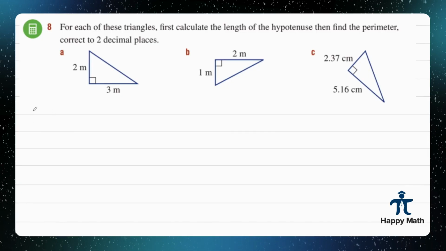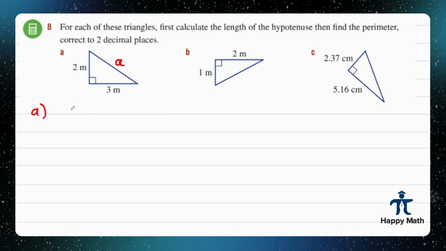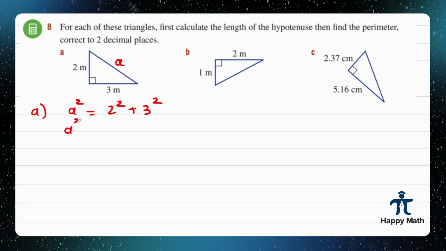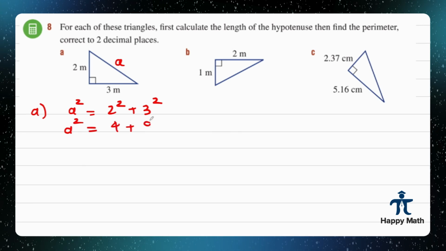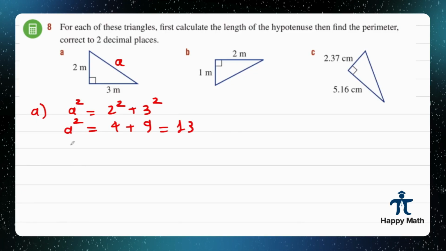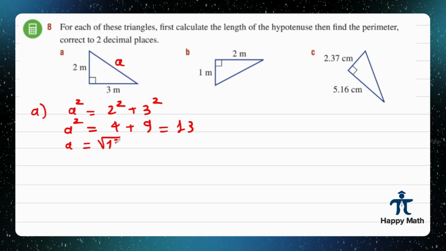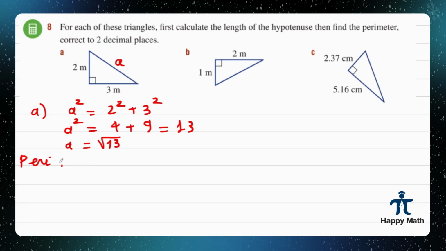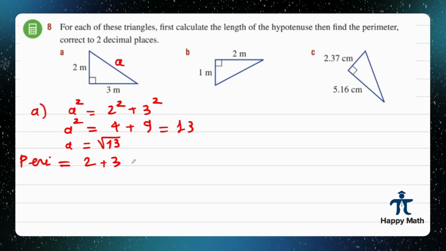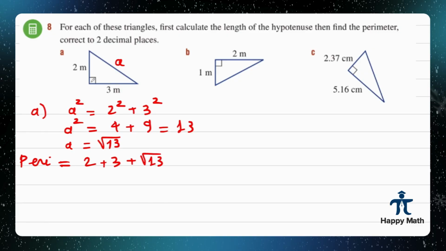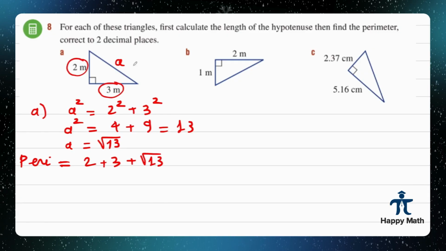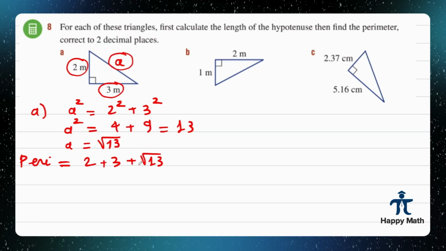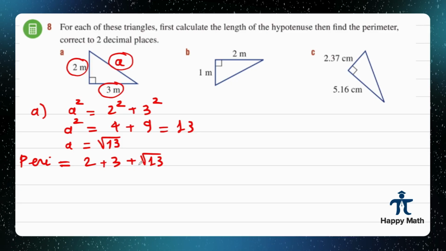Now question A. Here is A, and A squared will be 2 squared plus 3 squared, which is 4 plus 9, 13, and A will be the square root of 13. For the perimeter, you get 2 plus 3 plus the square root of 13, because one side is 2, one side is 3, and the last side is the square root of 13. Convert that to a decimal number, 2 decimal places.